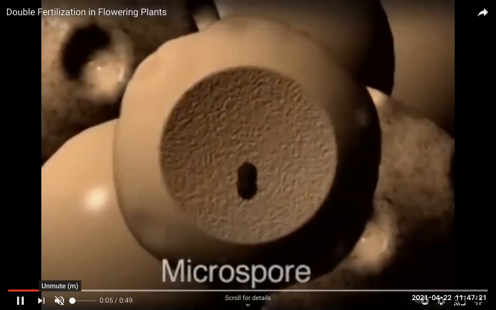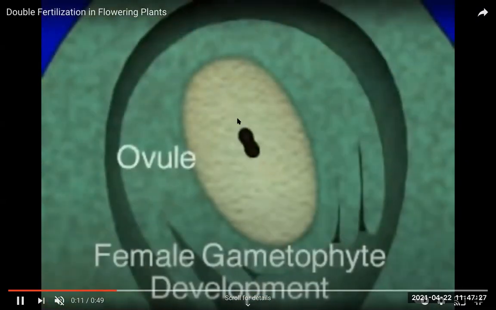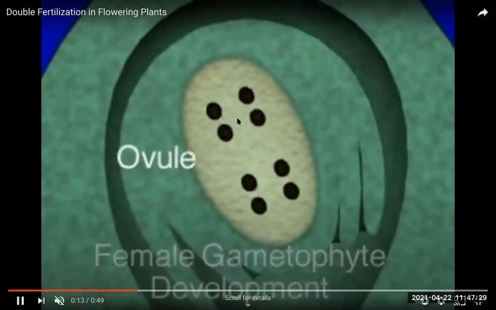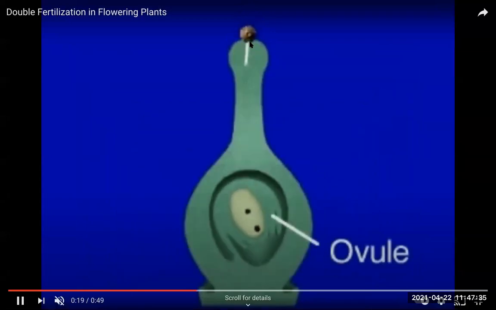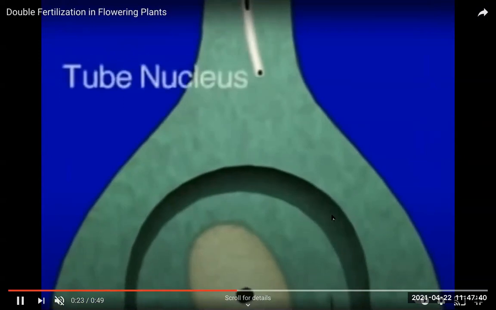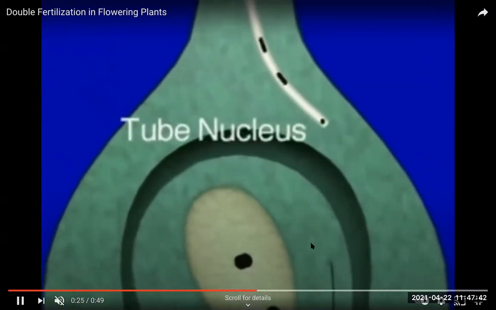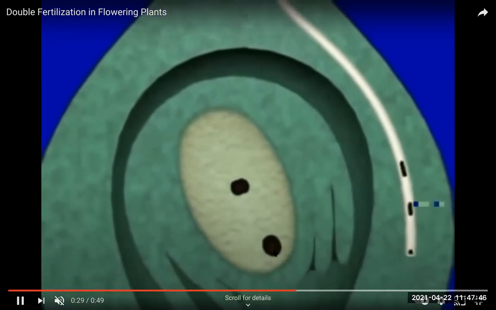Double fertilization. I'm gonna narrate it one more time. So you have the female egg cell and the polar nuclei. This diploid polar nuclei. So two sperm come down from stigma through the style, forming a pollen tube. And then one of these sperms is going to go to the egg and make a zygote. It's going to turn into embryo.